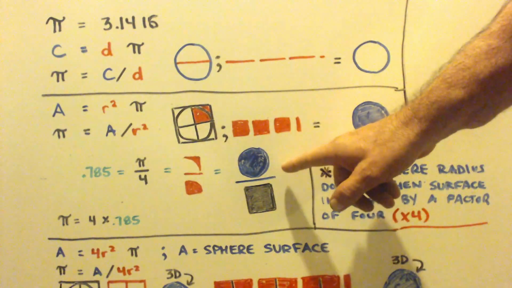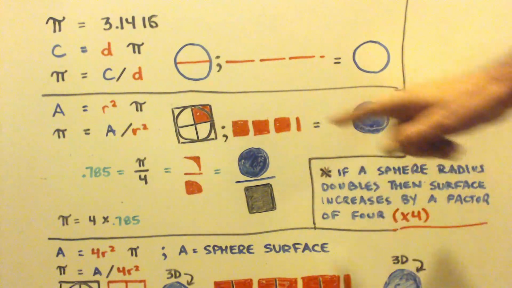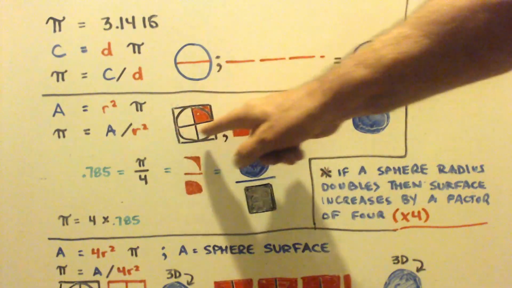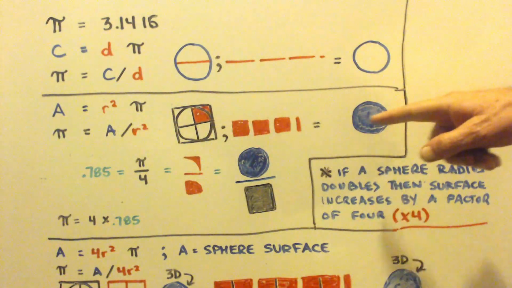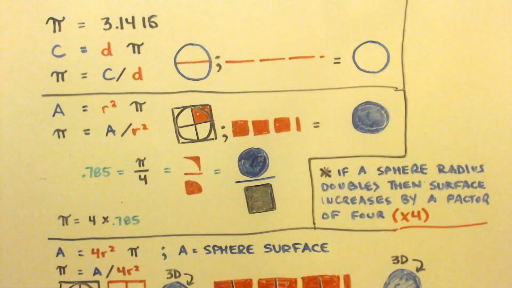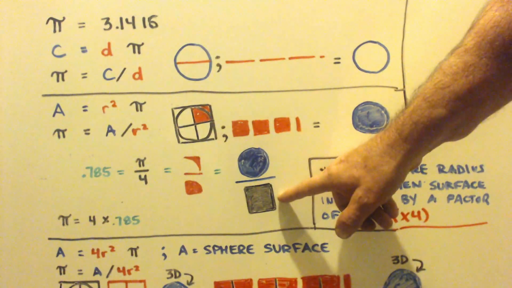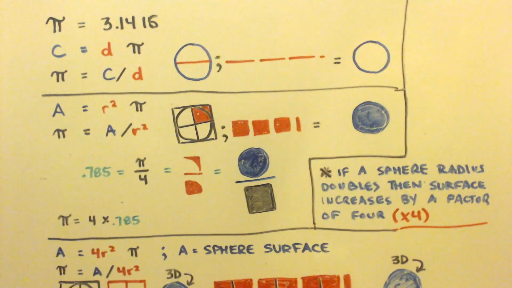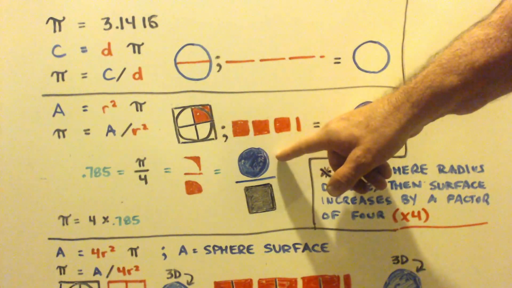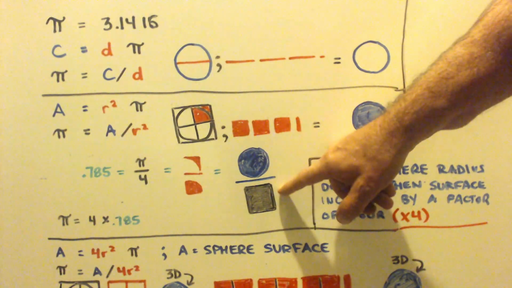Same over here. There's a ratio. Notice how you did the circle and then you put a square inside it. This is that square, and this is the circle. This circle and this square have a ratio of 0.785, meaning that this area is 78.5% of this one, okay?